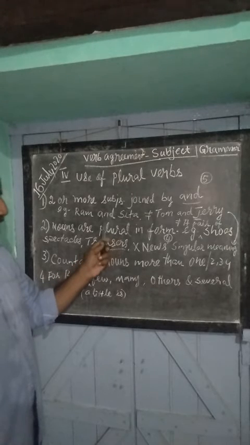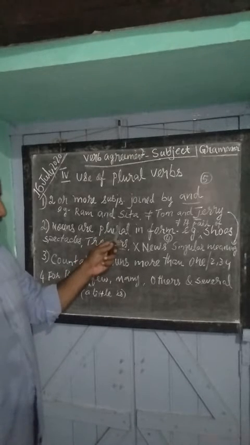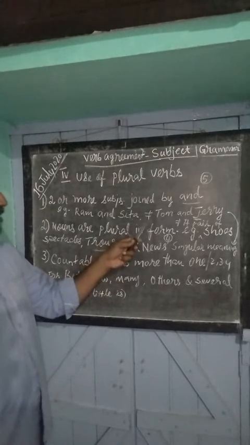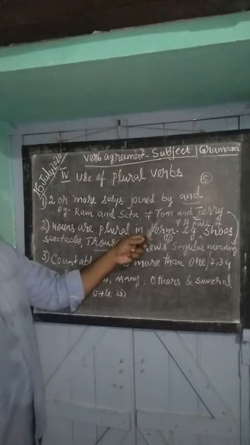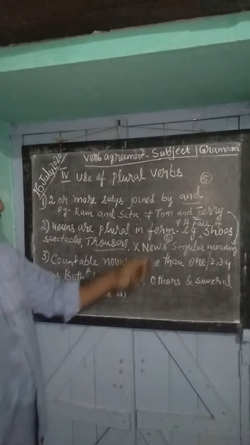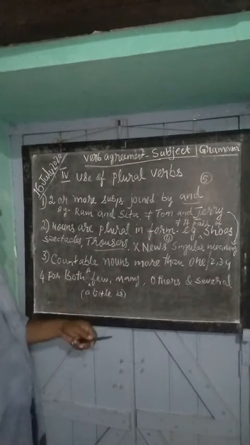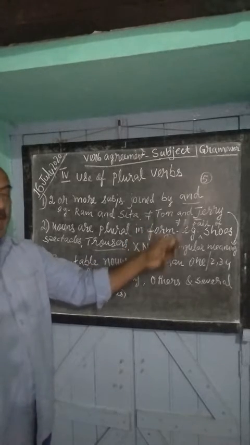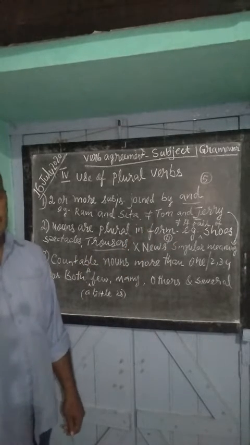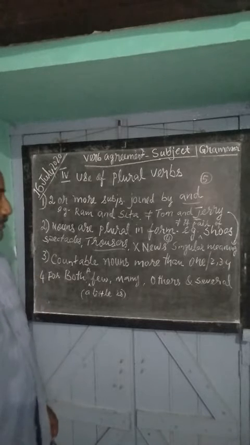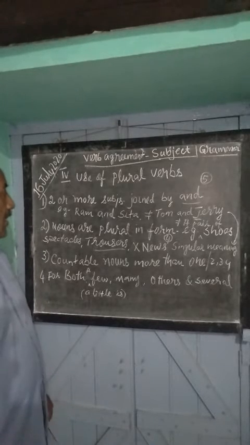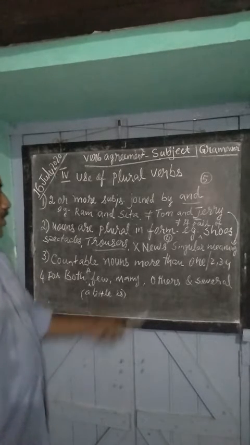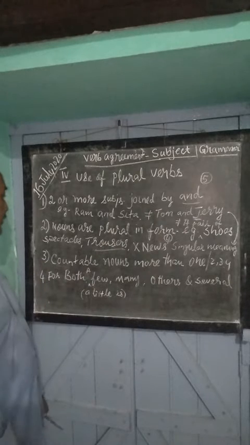You can remember Ram, Sita, Rani, Mary, and Joseph. There can be many, but at the end it is joined by and. Okay, conjunction and. It's a joining word.